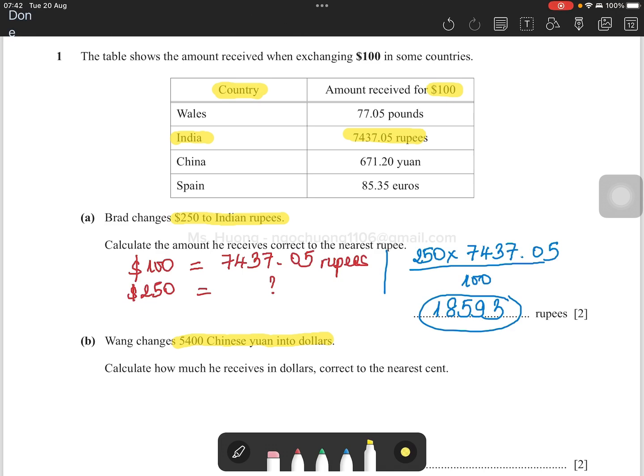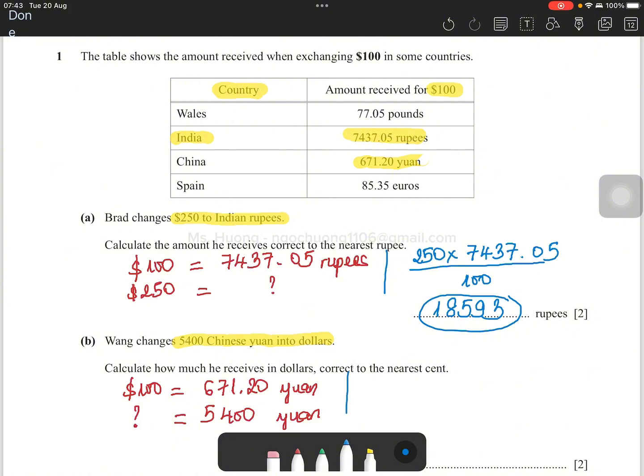B. Wang changes 5,400 Chinese yuan into dollars. Calculate how much he receives in dollars, correct to the nearest cent. So look at the table and you see that $100 is equal to 671.20 Chinese yuan. So if you have 5,400 Chinese yuan, then how much is it in dollars?